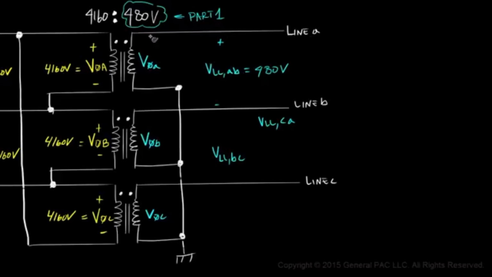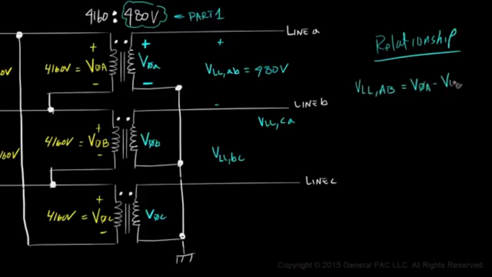So what voltage should we expect to measure across the polarity side of winding A and the non-polarity side of winding A? Well, it should be derived from the line-to-line voltage. Remember that for a Y-connected transformer, the line-to-line voltage across line A and line B is equal to phase A voltage minus phase B voltage, which is equal to square root of 3 times the phase voltage.